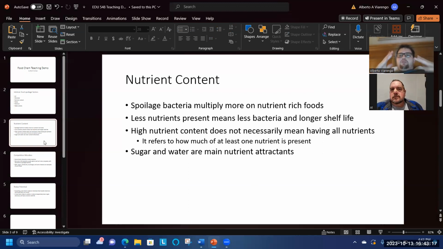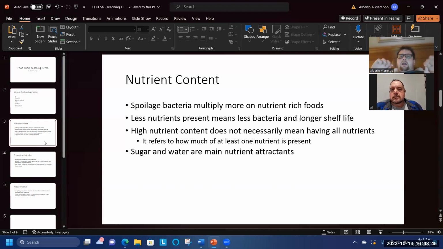Consequently, lower nutrition foods have a longer shelf life. That's why a lot of the shelf stable foods we see are packaged and not considered healthy these days. What's the word? Junk food. Okay.